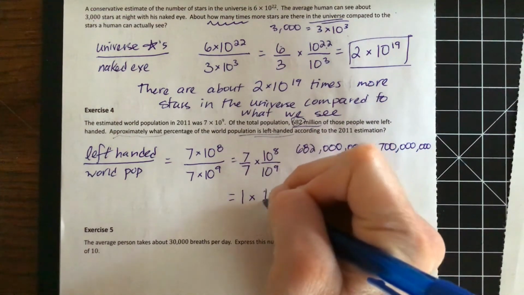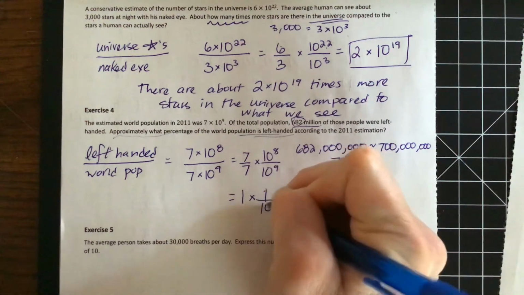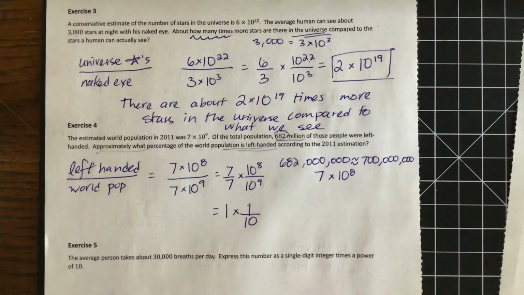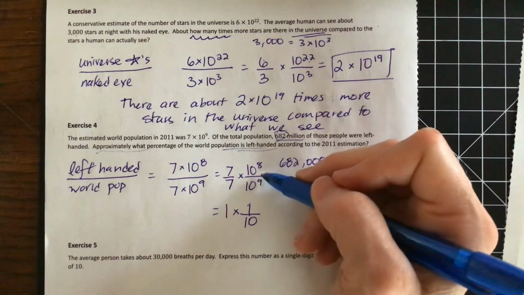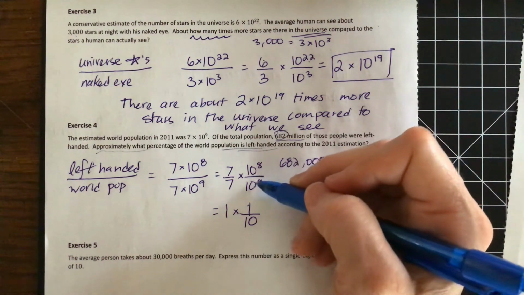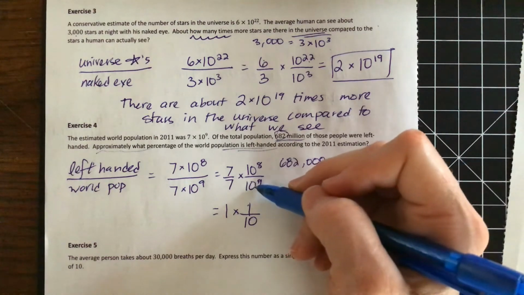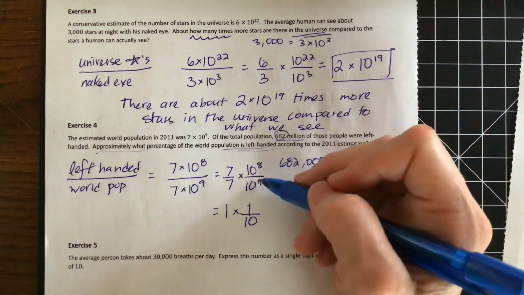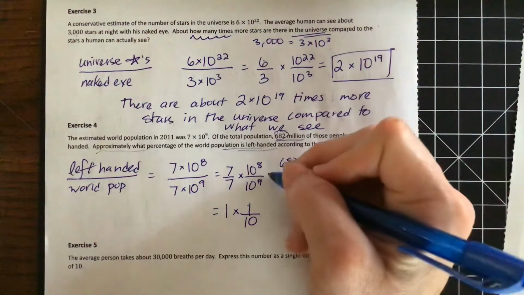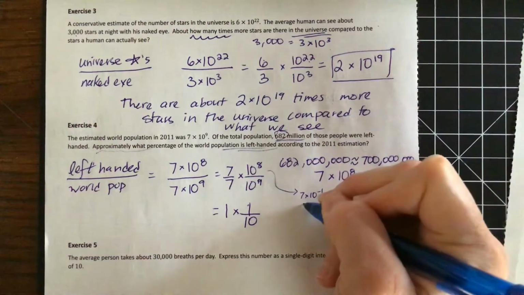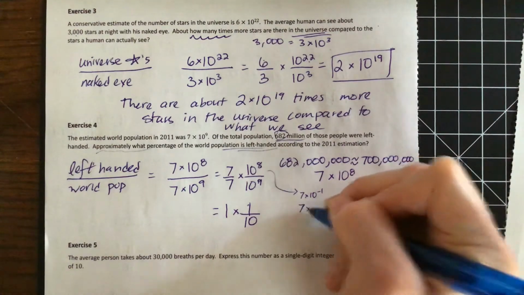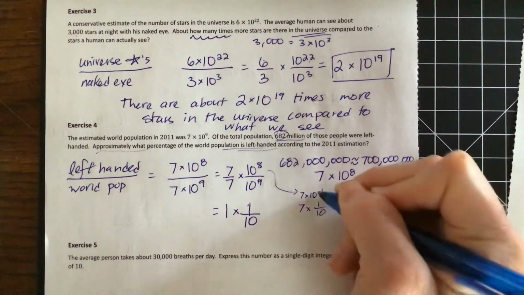1 over 10, right? Yes, because the 9 minus 8 is going to give you 10 to the 1 down here. Or you could say 8 minus 9, which is -1, and that would become like 7 times 10 to the -1, which is the same as 7 times 1/10, right?